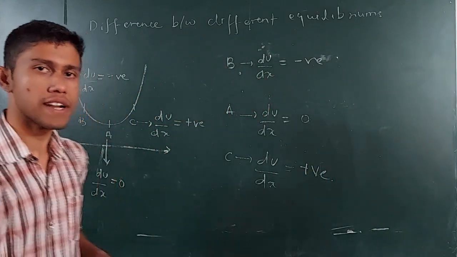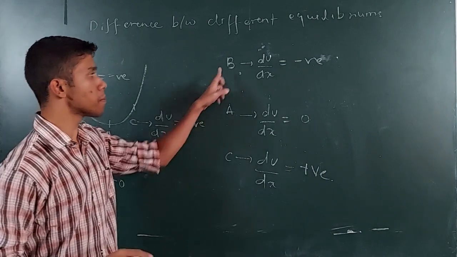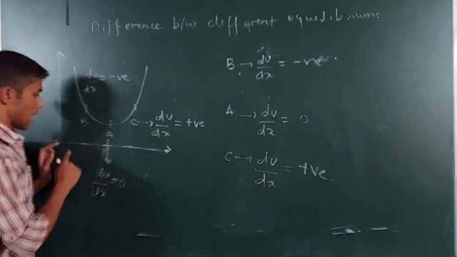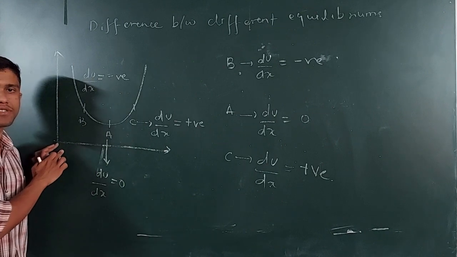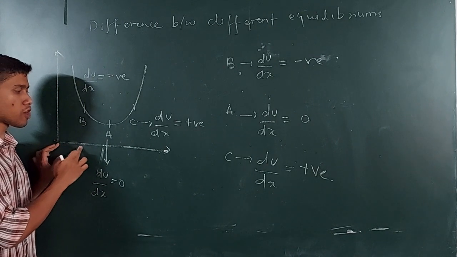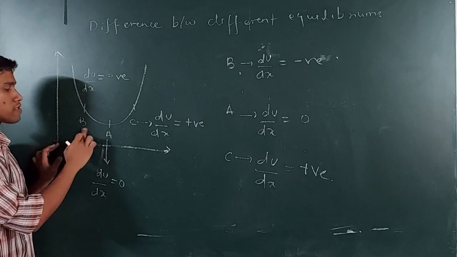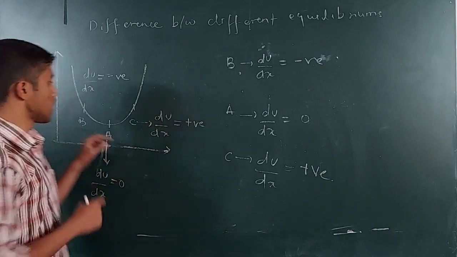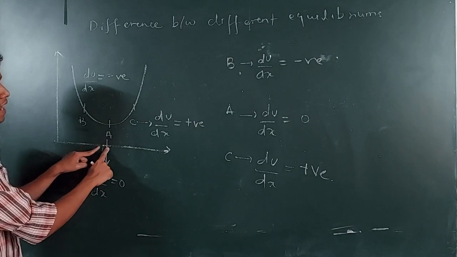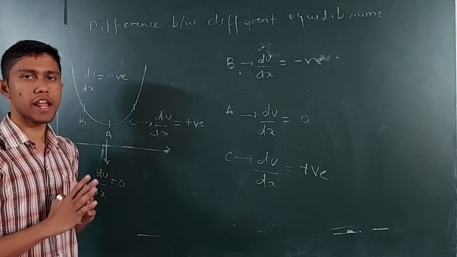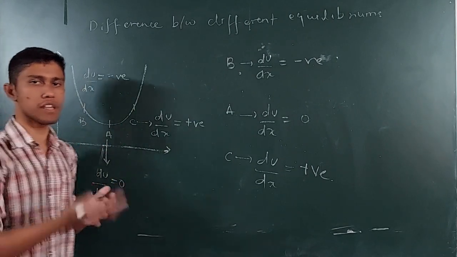So tell me, when I start from x equals 0 and go towards the right hand side, the first thing I'll get is B. After B I will get A, and after A I will get C. So my journey is from B to A to C.